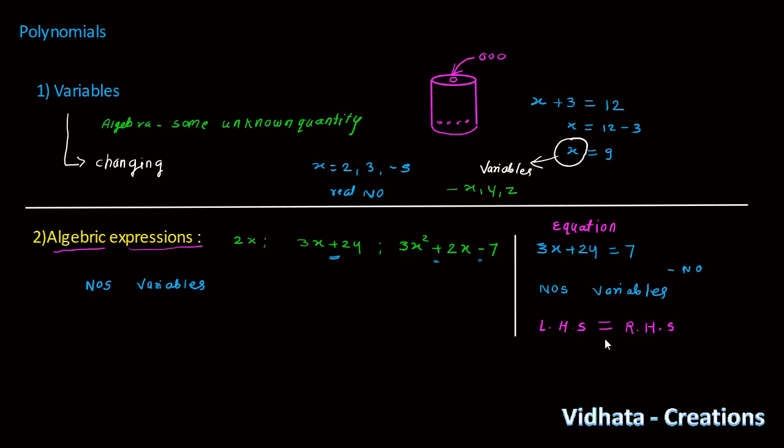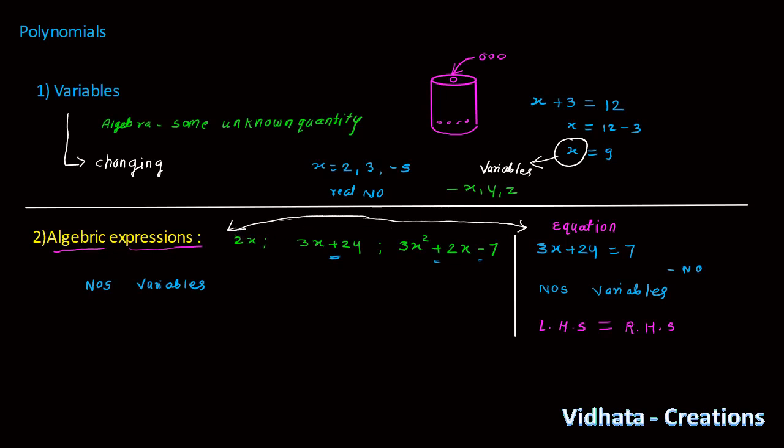This equal to sign says whatever I am having on the right hand side and left hand side, the quantity of both is equal. Thus, you can differentiate between what exactly are algebraic expressions and what are the equations.